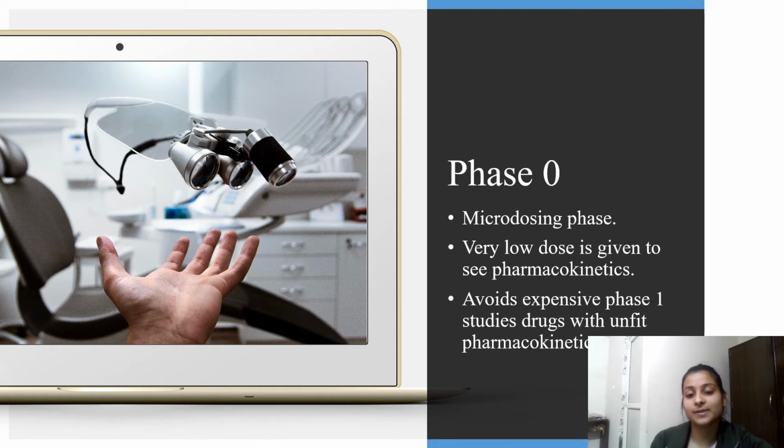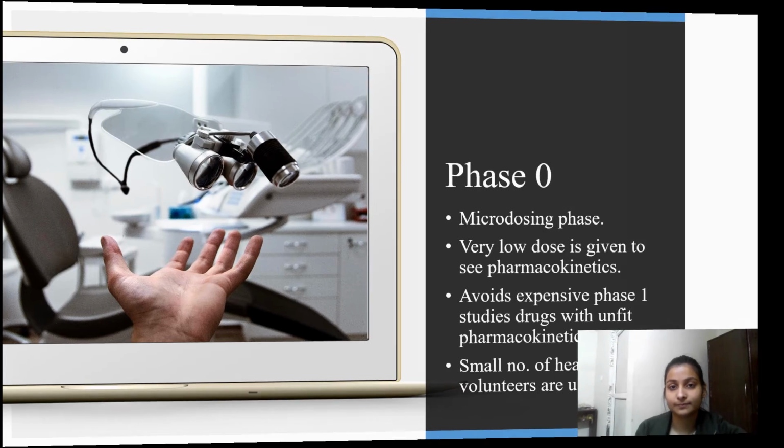This avoids expensive phase 1 studies for drugs with unfit pharmacokinetics. Phase 0 is very crucial to avoid the expense of phase 1 clinical trials. A small number of healthy volunteers are used in phase 0 clinical trials.